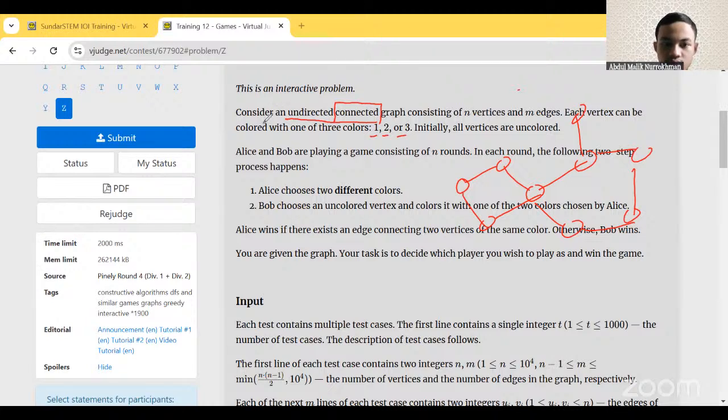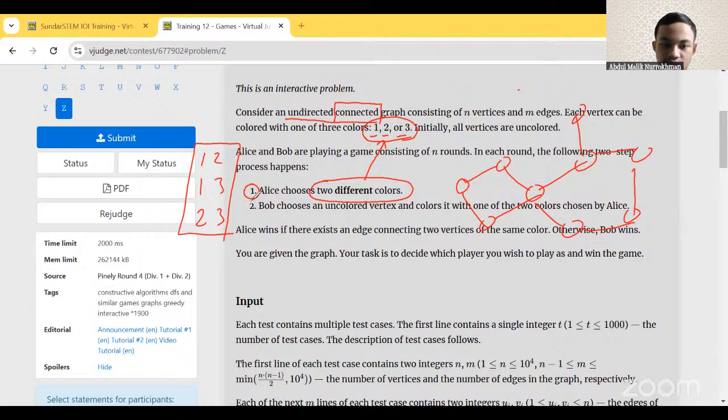There are two players, and each player has a different role. For the first player, in its turn, he will choose two different colors out of the three. He can choose 1 and 2, or 1 and 3, or 2 and 3.